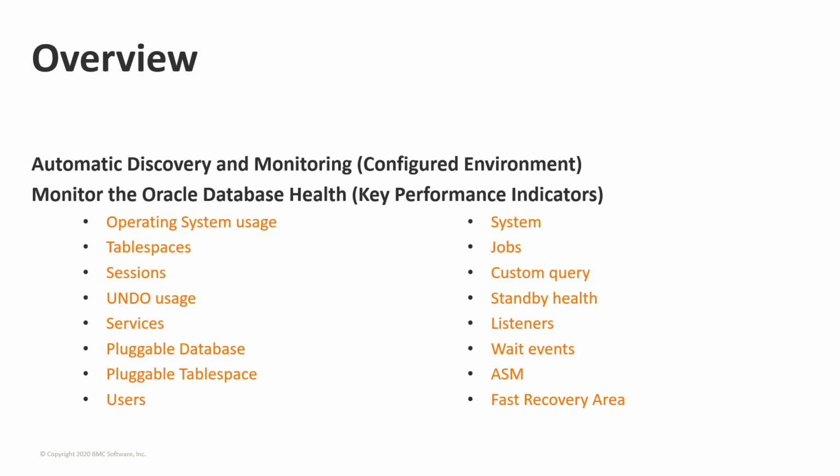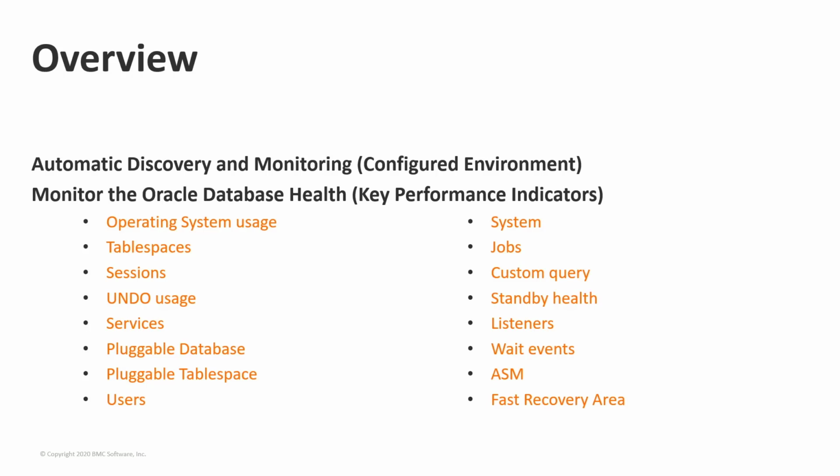The standby health category monitors all the standby DataGuard instances. As KPIs, you can find apply lag and transport lag. The listeners category monitors the listener's status and the listener's response time. The wait events category monitors the wait time and wait count of the database, like wait count attribute, which indicates the number of times waited.